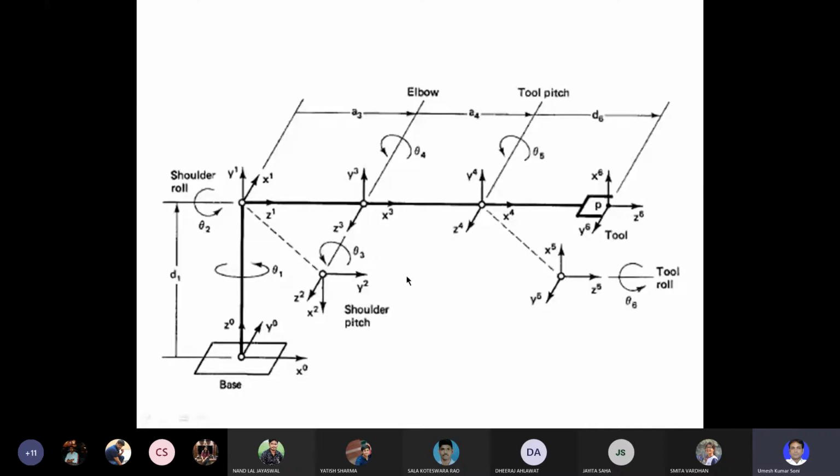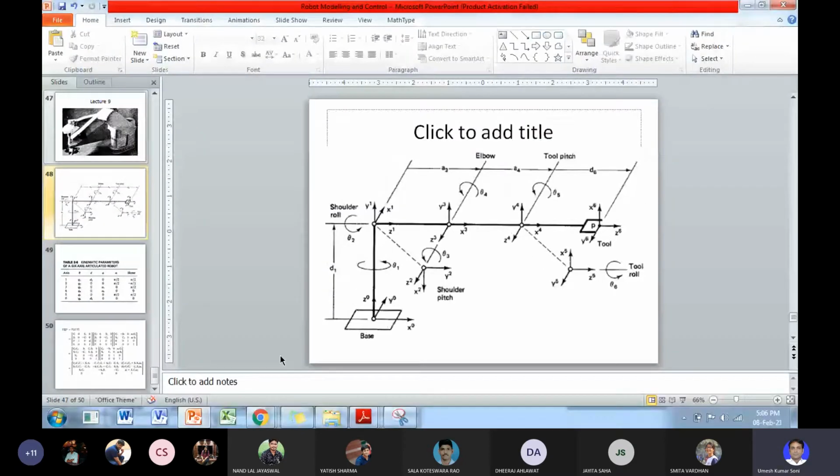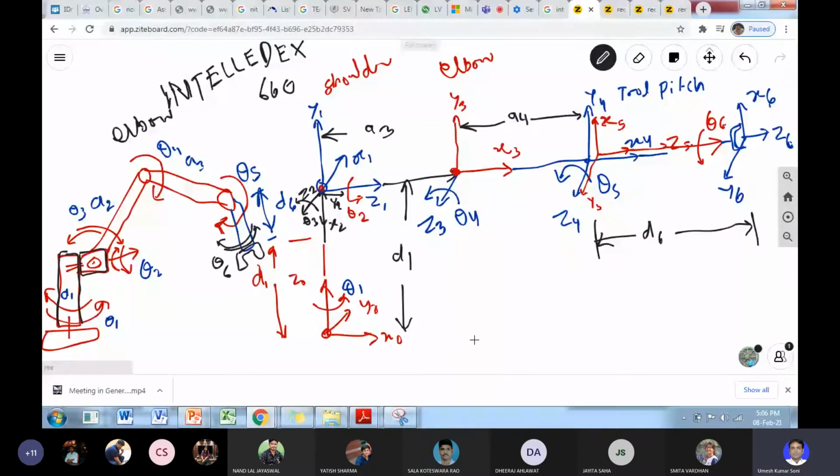So here you can see, I will show you first how this is represented. Here the robot which I have shown you has this one base. Is it visible, students?